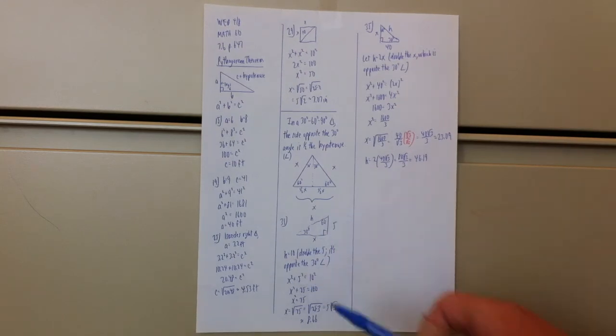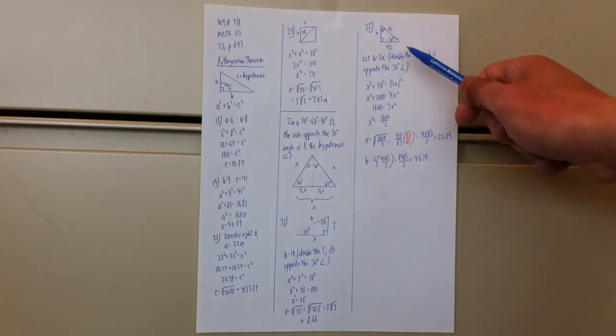So x squared plus 5 squared equals 10 squared. x squared plus 25 equals 100. Subtract 25, x squared equals 75. So x is the square root of 75. I can simplify that as writing it as radical 25 times 3, and the square root of 25 becomes 5. So 5 radical 3 is considered the exact answer. As a decimal approximation, we have 8.66.